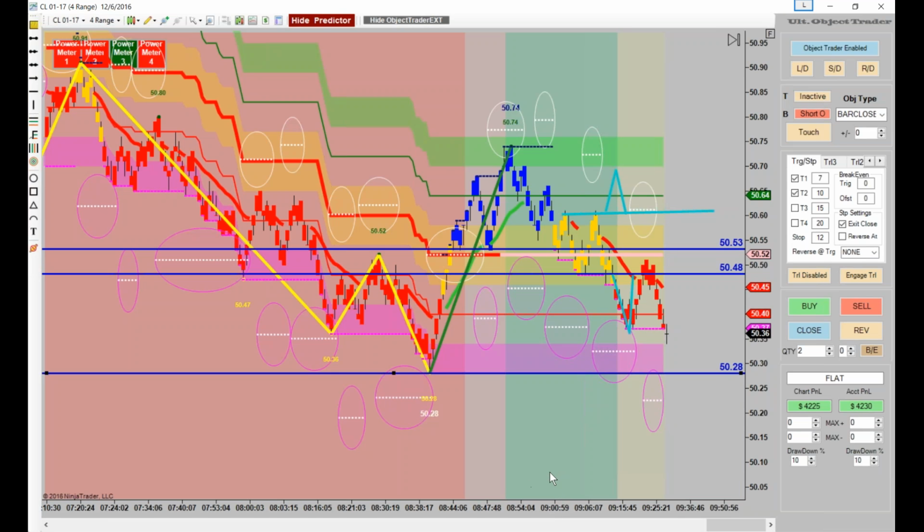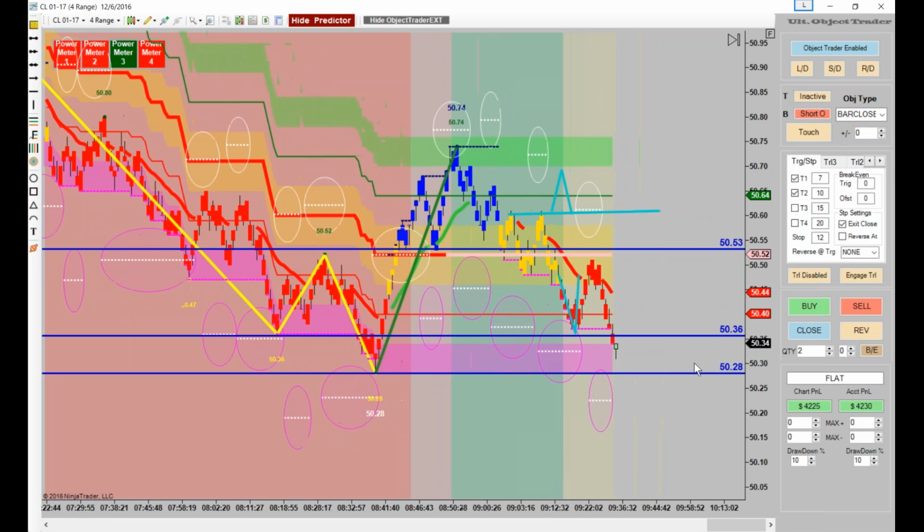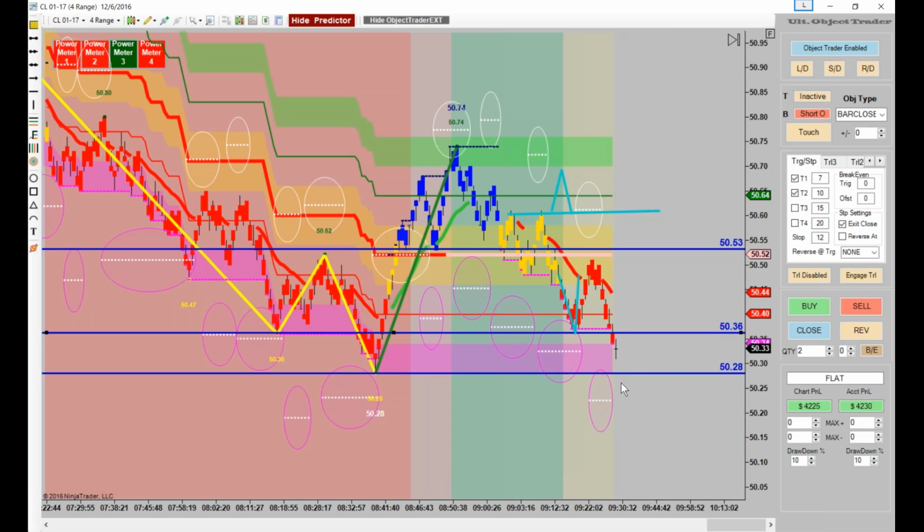Now, when you start chopping around like this, I highly recommend just scalping it. But if we get like a green power meter, we already took our profit. So where's our next trade if we break down? All right, if we break down, it's right here.